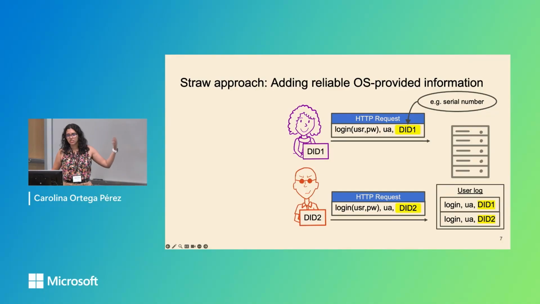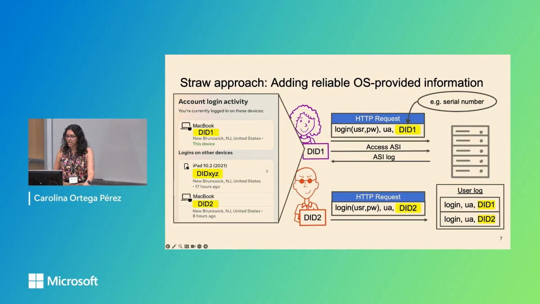And so the server stores the same information as before, plus these device IDs. And when the survivor requests the ASI, it gets the same information as before, plus these device identifiers, which serve as a ground truth to the user.